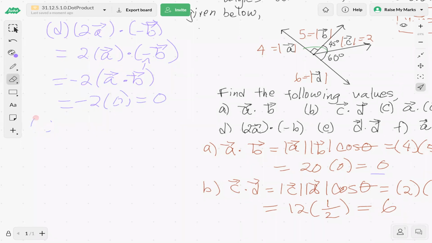Now let's have a look at E. Let's try a different color, like brown, to keep them all separate. E is the dot product of D with itself. So it's the magnitude of D times the magnitude of D times the cosine of the angle between D and itself. What's the angle between a vector and itself? It's just 0.